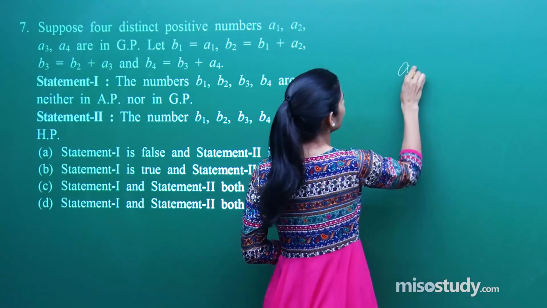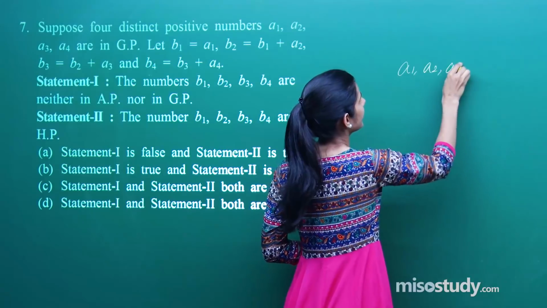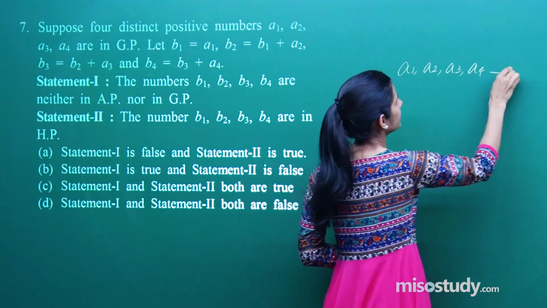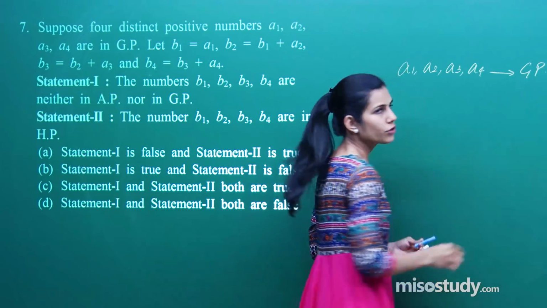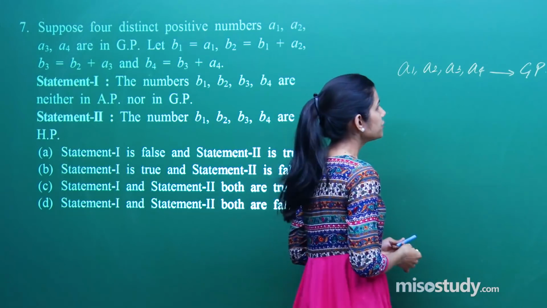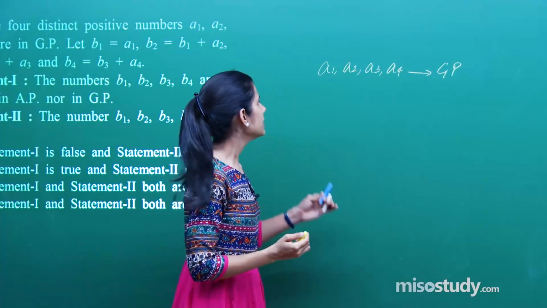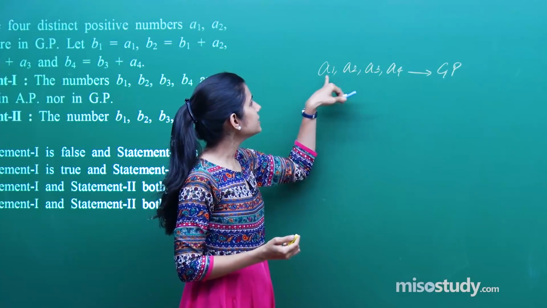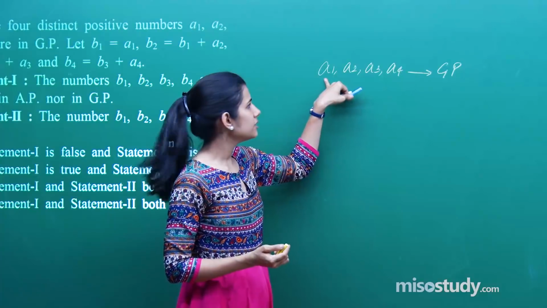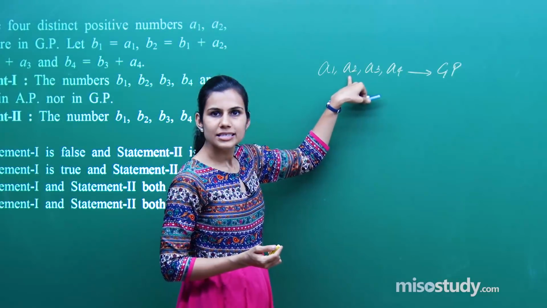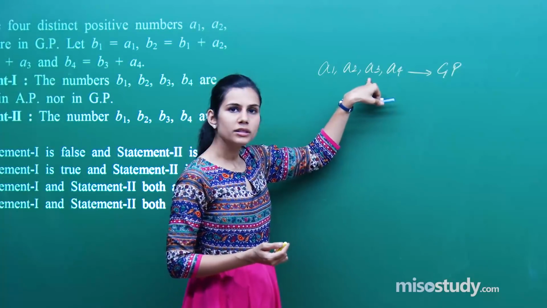So if you have A1, A2, A3, A4, they are in geometric progression. That means there is a common ratio getting involved, which is what? Second term upon first term, third term upon second term, fourth term upon third term.